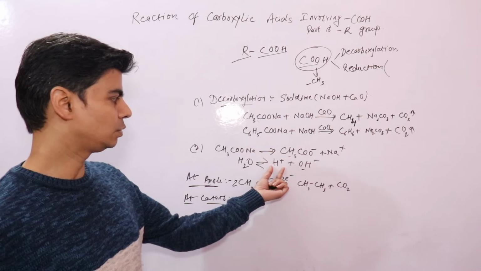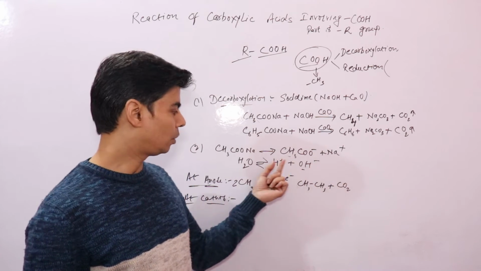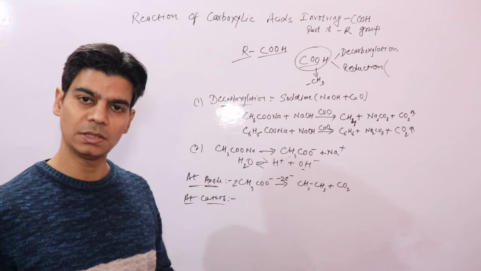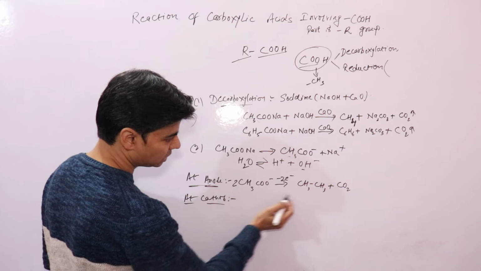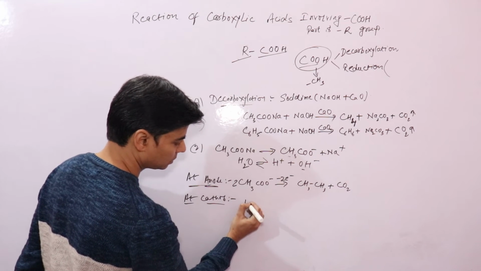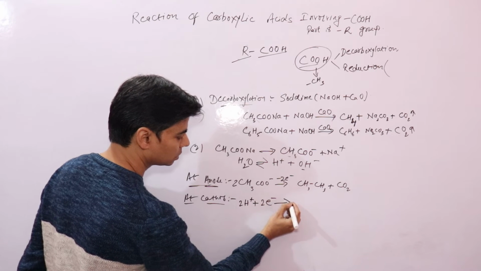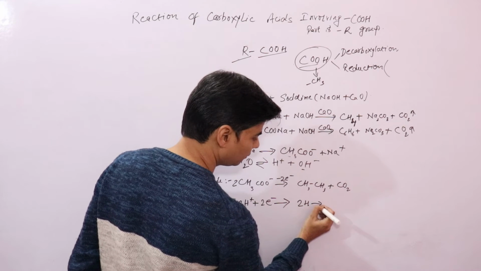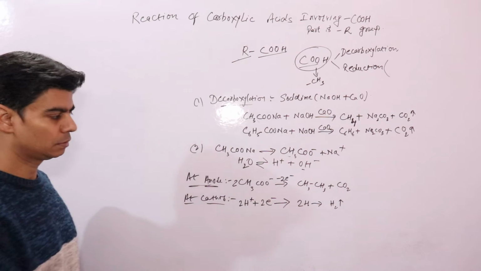At the cathode, hydrogen ions will migrate and your sodium ions will migrate. Out of these two, hydrogen ion has more reduction potential, so it will gain the electrons that are lost by these acetate ions. So two hydrogen ions will gain two electrons to form two hydrogen atoms, which will form hydrogen gas at the cathode.